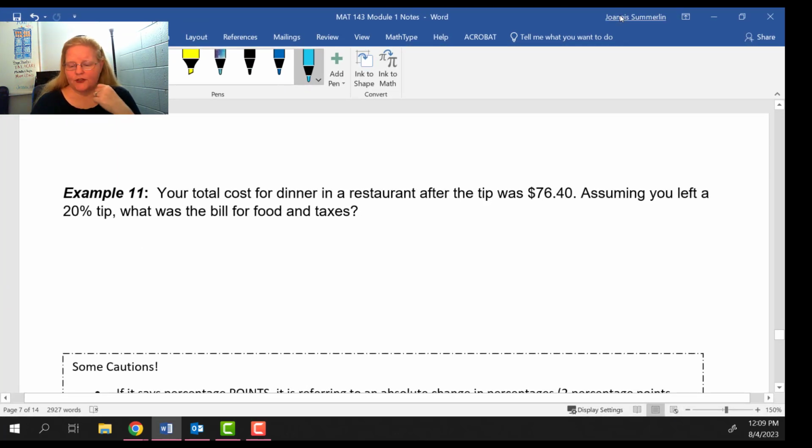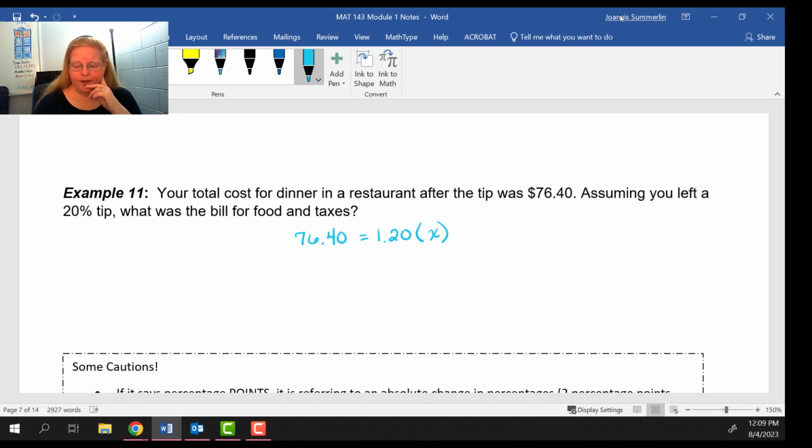Your total cost for dinner in a restaurant after the tip was $76.40, assuming you left a 20% tip. What was the bill for food and taxes? So you paid 100% of the bill plus 20% of the tip. So you paid 120% of the cost of the meal.